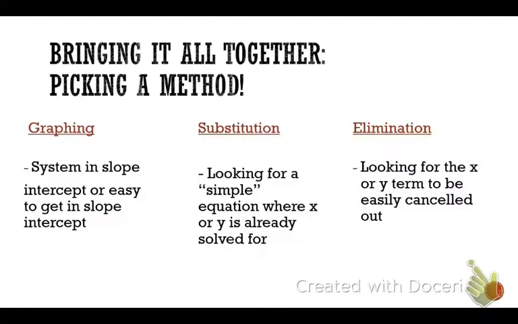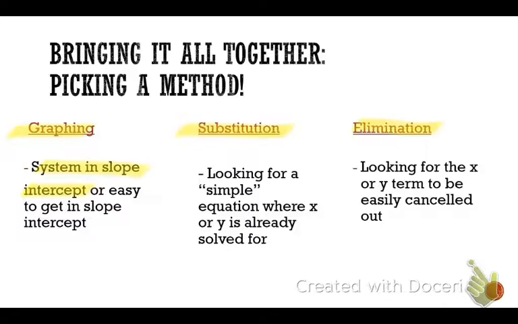When would it be helpful to use graphing? When would it be helpful to use substitution or elimination? So you will have a section on your quiz and test that says pick whatever method you want. Solve it. Now, obviously, we wouldn't just create a graph, but graphing can be helpful if the system is already in slope-intercept.